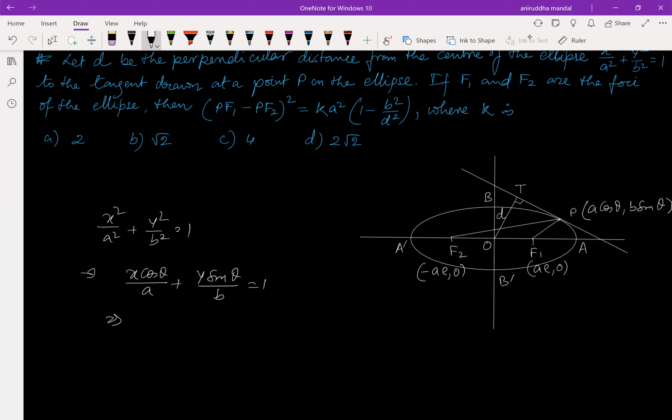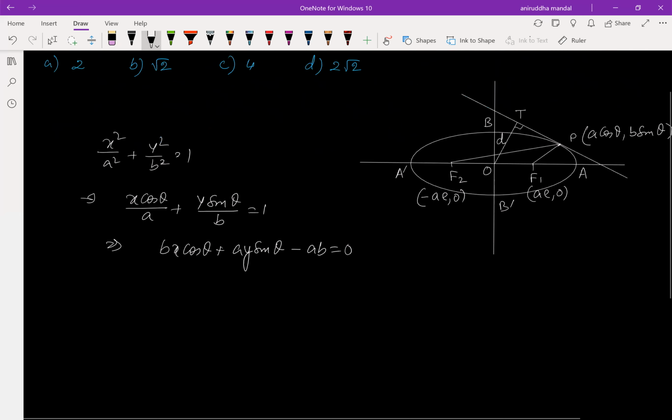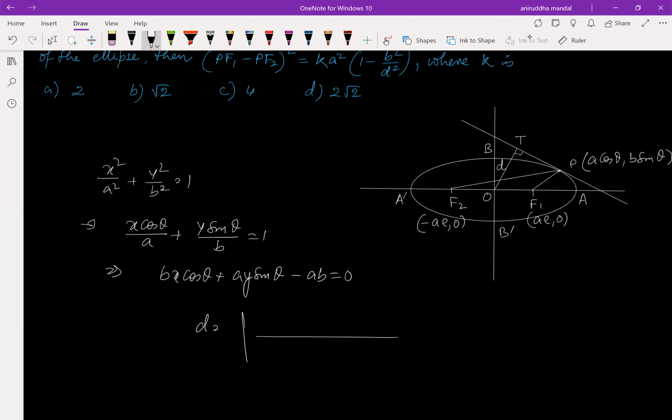We can write this as bx cos theta plus ay sin theta minus ab equal to 0. So d can be written as the distance from the perpendicular: this is minus ab, putting x and y as 0, and this is under root a square plus b square, means b square cos square theta plus a square sin square theta. So this is d.